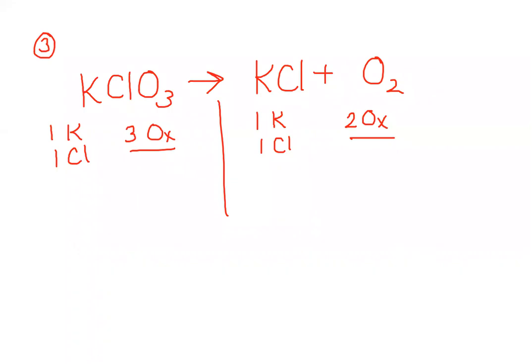So instead, we're going to have to put a 3 here and a 2 here. Because now we have 3 times 2, 6 oxygen, and we have 2 times 3, 6 oxygen. But in doing that, that gave us 2 times 1, 2 potassium, and 2 chlorine.